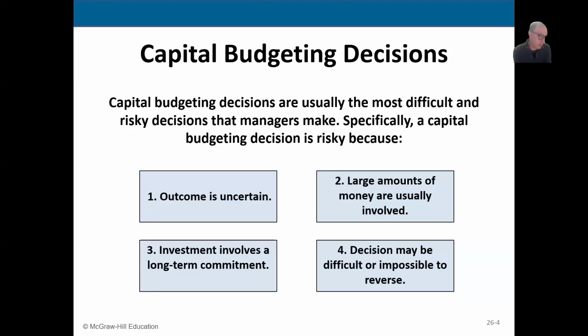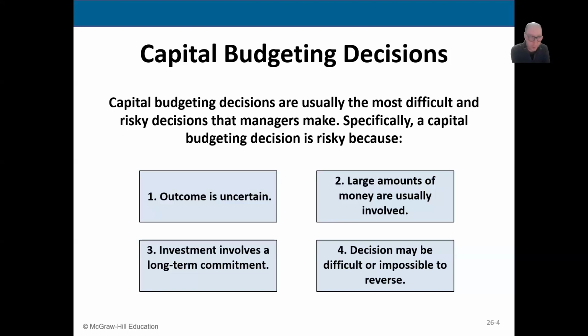When we're talking about property, plant, and equipment, it's long-term. So that's a part of the risk. What happens if we decide that we don't need it anymore, or it breaks too much, or whatever? It's long term, so we've got to figure those things out.